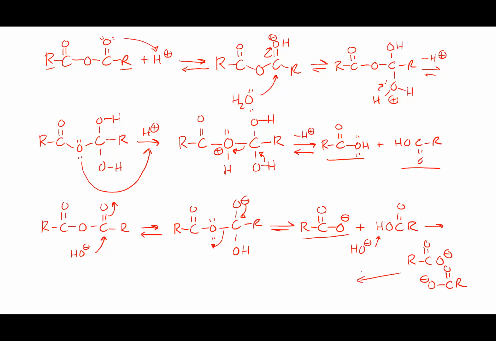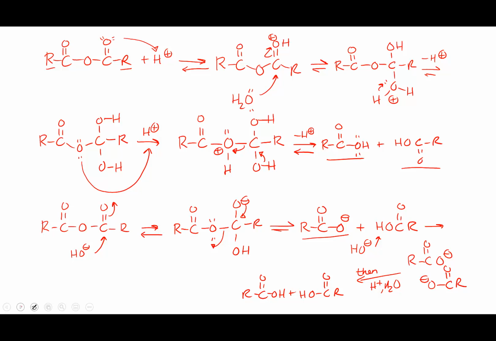And then after the base is done reacting, you would add H plus H2O to it, so that you would again cleave the anhydride and now produce your 2 equivalents of the carboxylic acid. I'm just going to rewrite this one over here. So that's the basic hydrolysis of the acid anhydride.